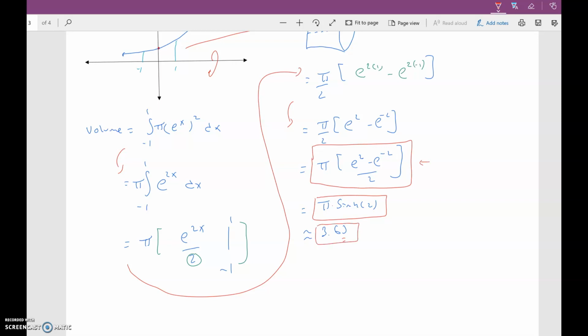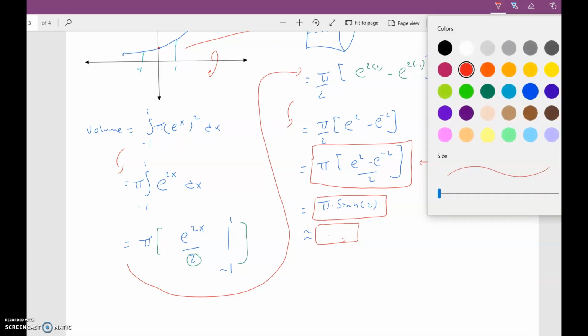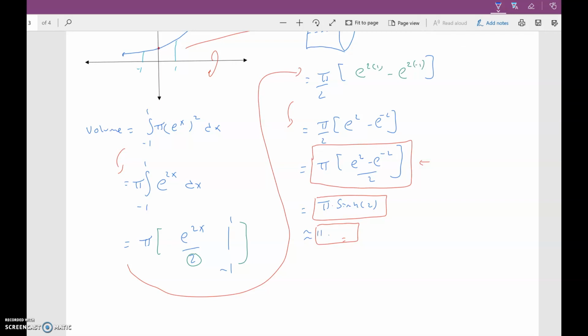I may ask for a decimal approximation on all of these, since technically, wait, I did not multiply the pi. So that would be times the value of pi. Okay, sorry. So this should be 11.39 once you multiply by pi.